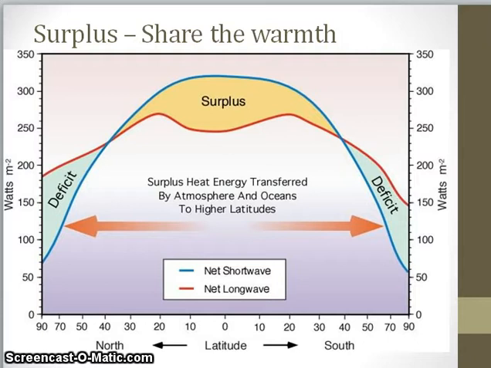Actually, it goes a little beyond that, and then there's a deficit, or not enough shortwave energy, in the polar regions. So if this were the actual representation of Earth's planet, we would not be able to live where we live.